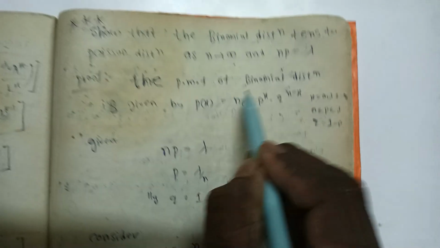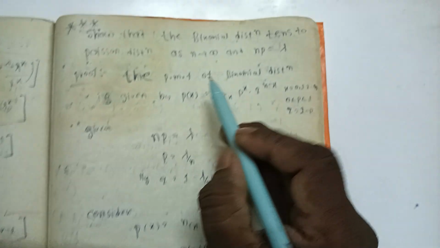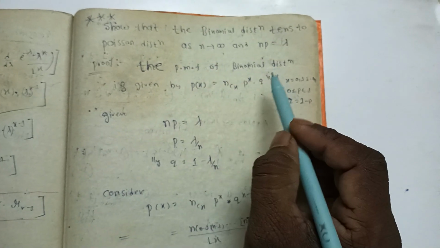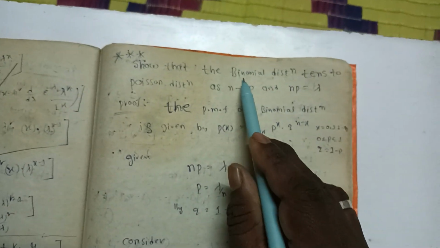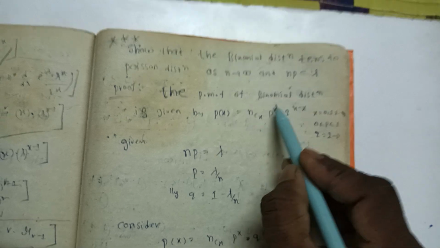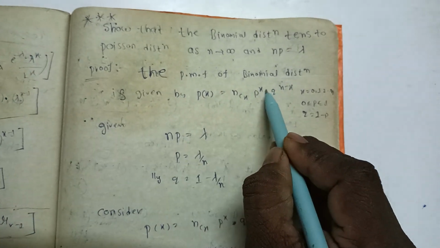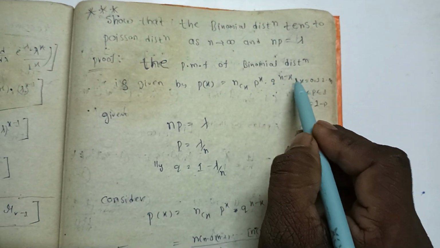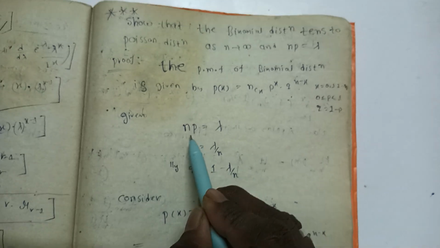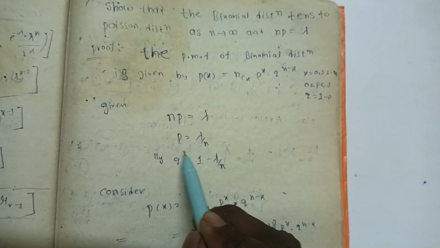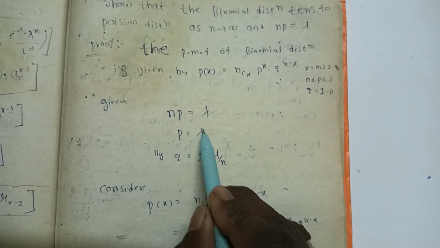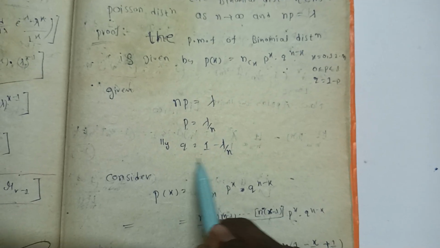So first of all, we are writing the Poisson distribution as the target. Here, for the binomial distribution we write nCx p to the power of x q to the power of n minus x. From that, they gave np equals lambda, and p equals lambda divided by n, q equals 1 minus lambda divided by n.